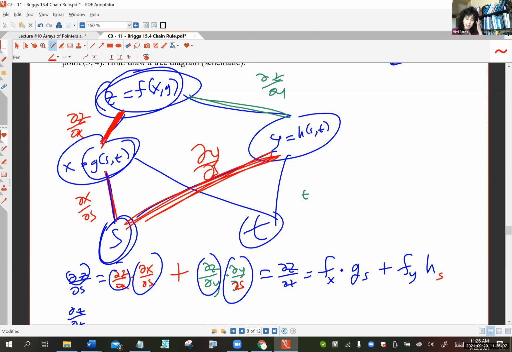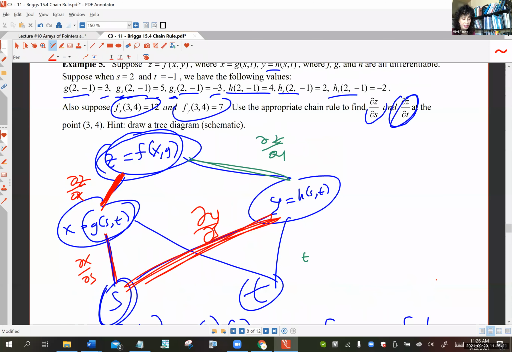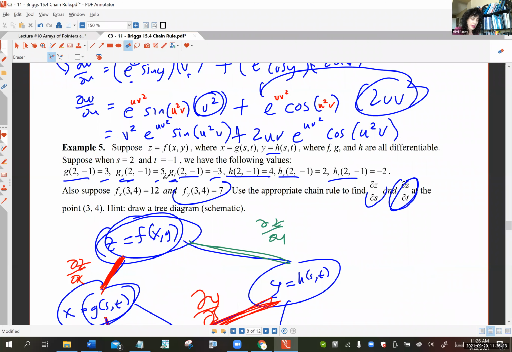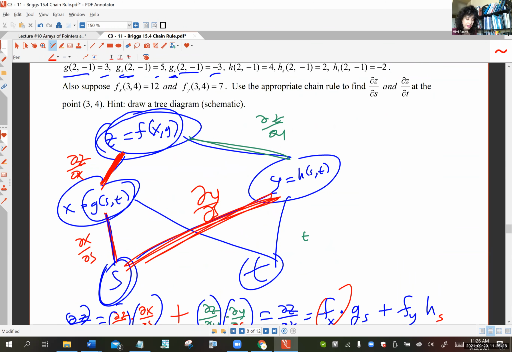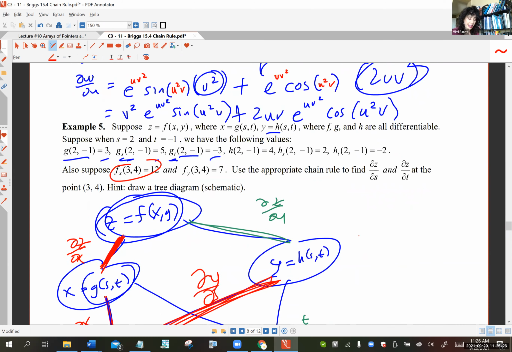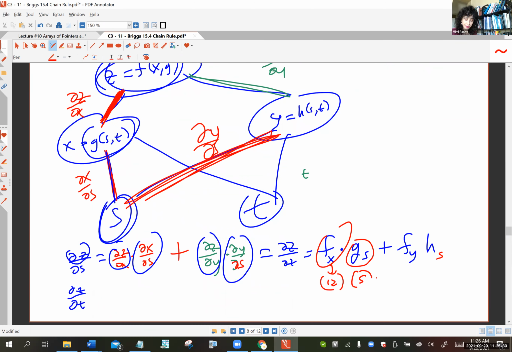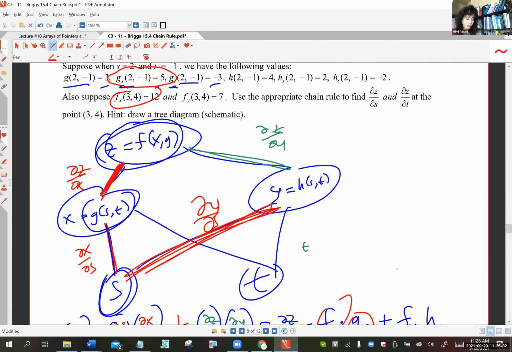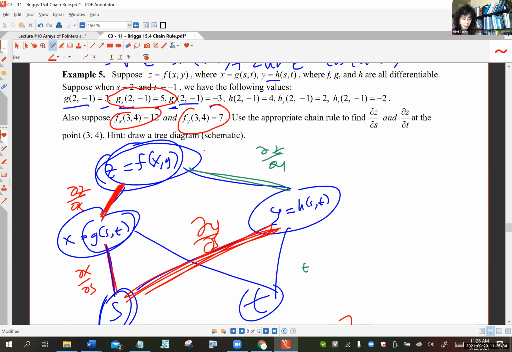Okay, now why did I change all these up? Like, who cares? Well, because they gave us values for all these at the specific point. So f_x at the required point is 12. So you're going to go, oh, that's a 12. And then g_s, the partial of g with respect to s, they told us it was a 5. Oh, cool. Plus f_y at the point was a 7.